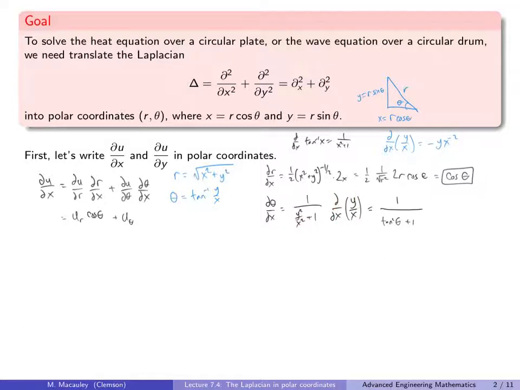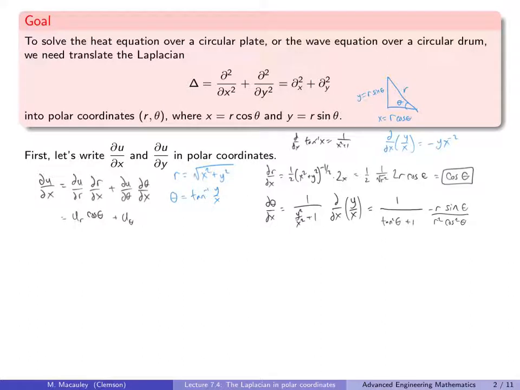And now what I need to put here is negative y x to the minus 2 in terms of r cosine and r sine. If we do that, negative y is negative r sine of theta. And then 1 over x squared is 1 over (r cosine theta) quantity squared. So that's over r squared cosine squared of theta.